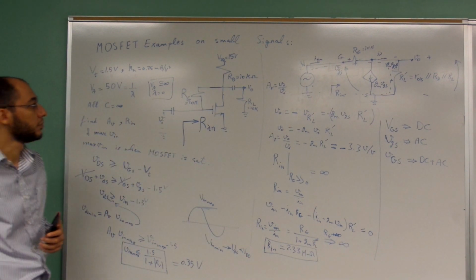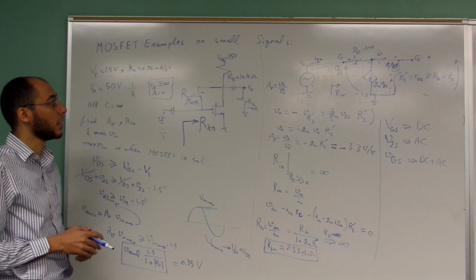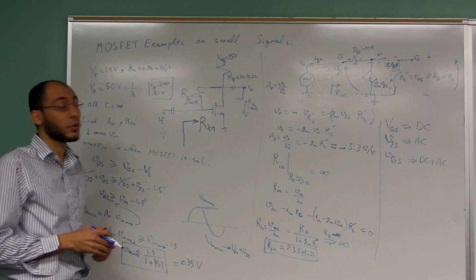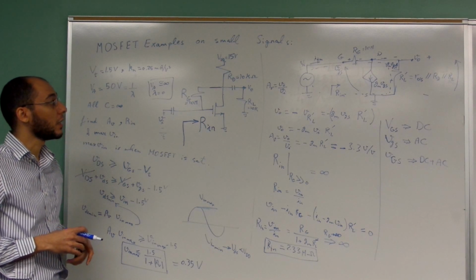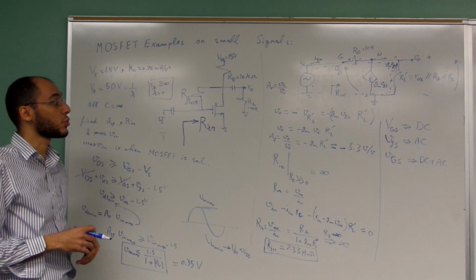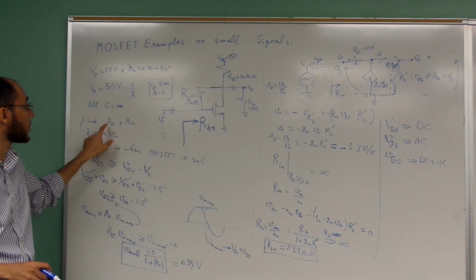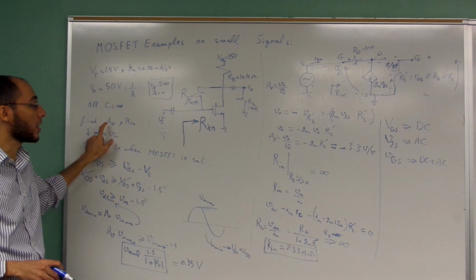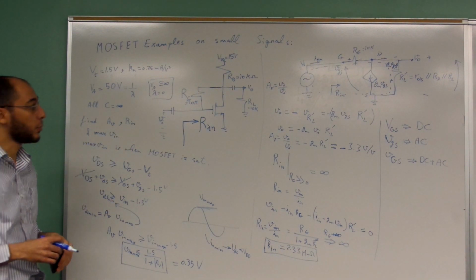Okay? So hopefully this example has covered a lot of the questions that you might face in any common source example. And what did we cover? We covered finding the voltage gain, finding the input resistance, and finding the maximum input voltage.